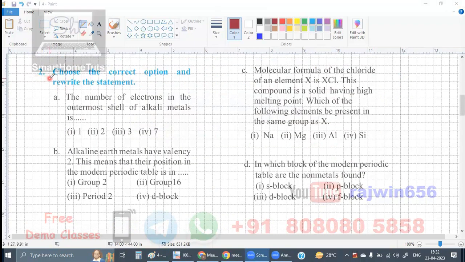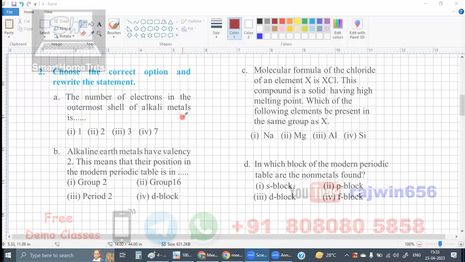Okay, question number 2. Choose the correct option and rewrite the statement. The number of electrons in the outermost shell of alkali metals is, okay, number of electrons. Which one? First one, the answer.